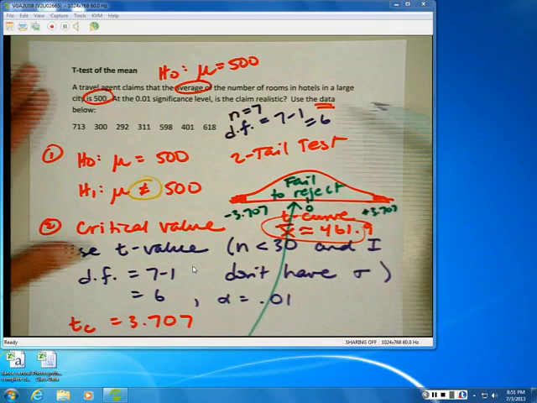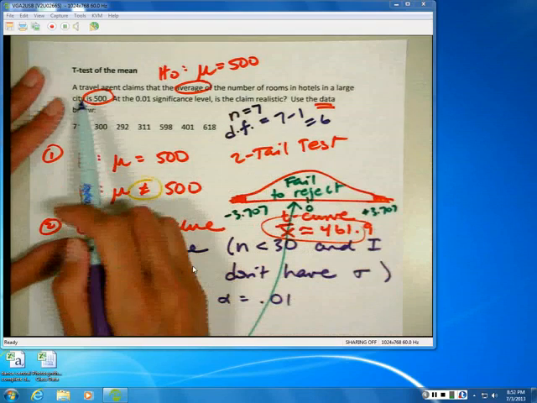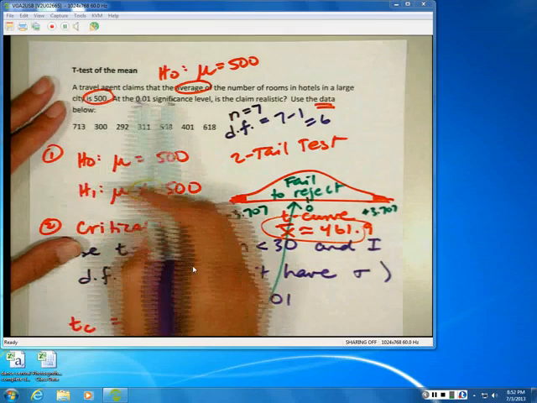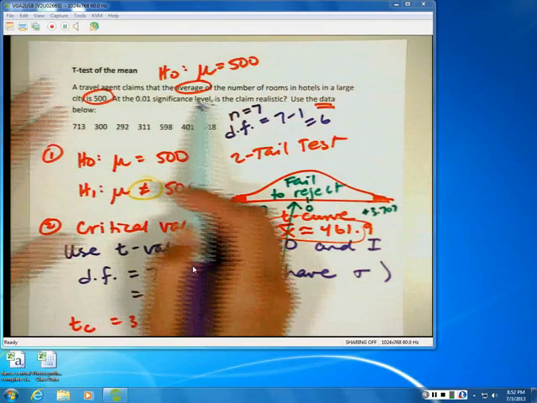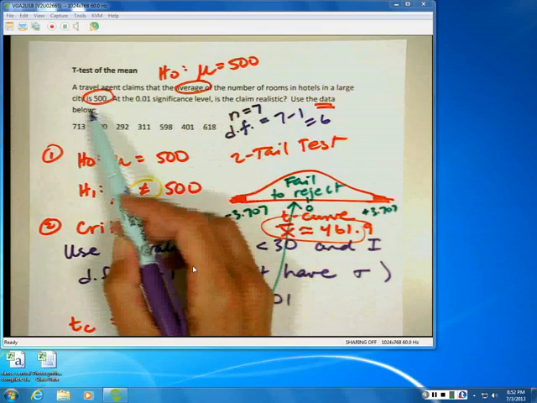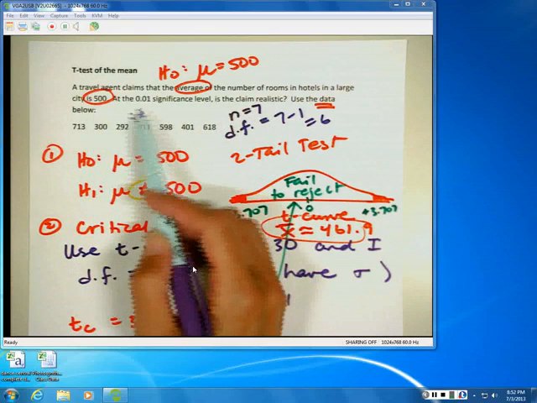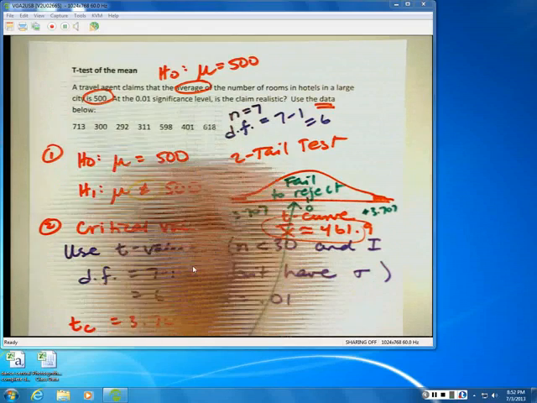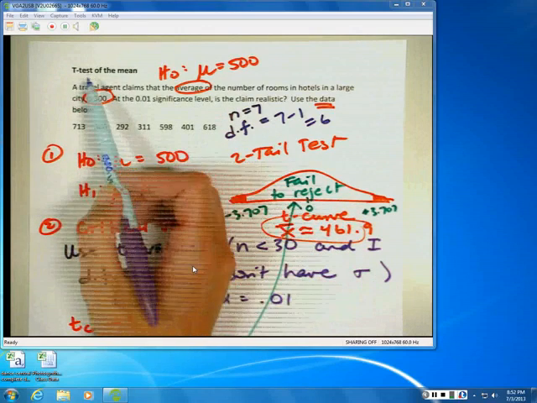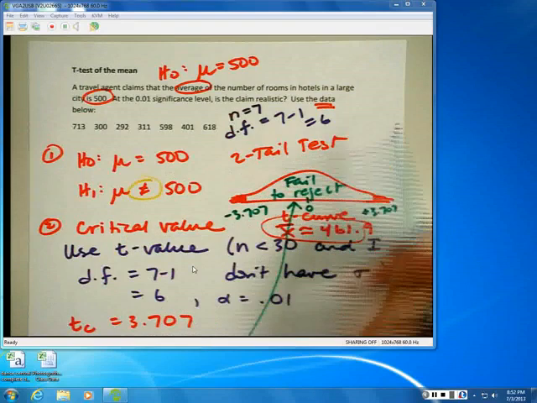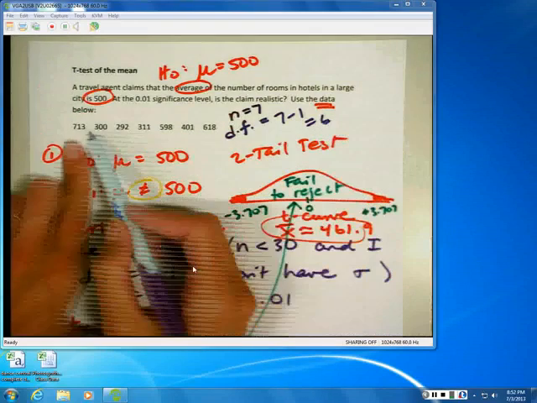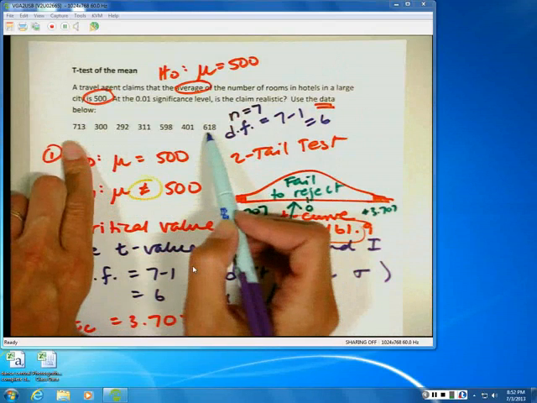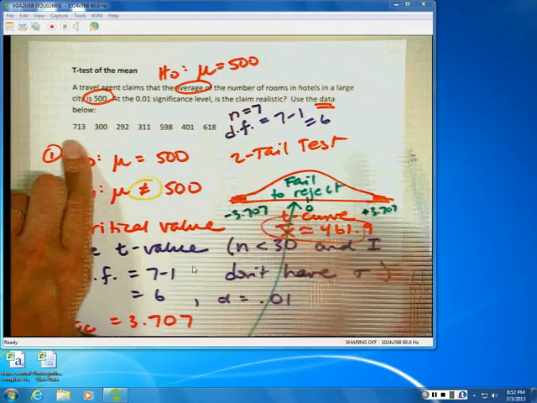Okay, so here's a t-test. A travel agent, this is from the previous video, a travel agent claims that the average number of rooms in hotels is 500. We have a significance level of 0.01. Is the claim realistic? This was a t-test because of a couple of things. We were given data. We have 7 data values, which is smaller than 30.